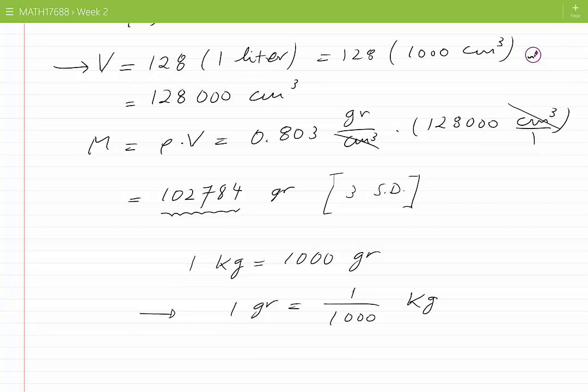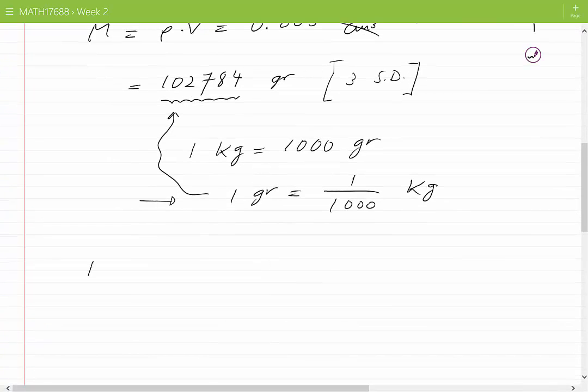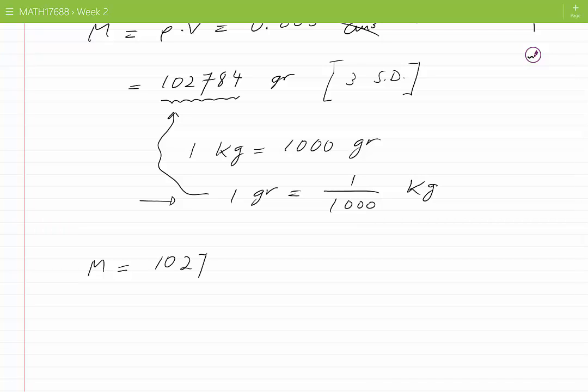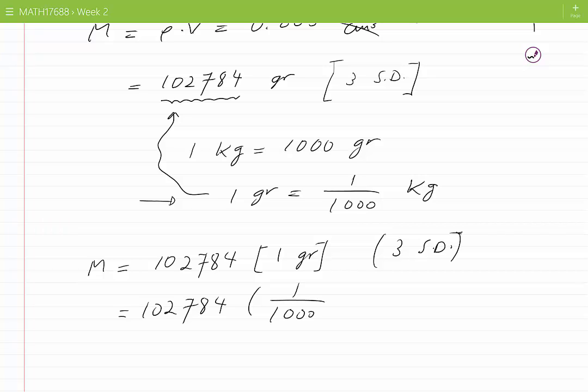We substitute this into the value we have for the mass, and we get that the mass is equal to 102,784, and instead of 1 gram, which I currently have, I will put 1 over 1000 kilograms.